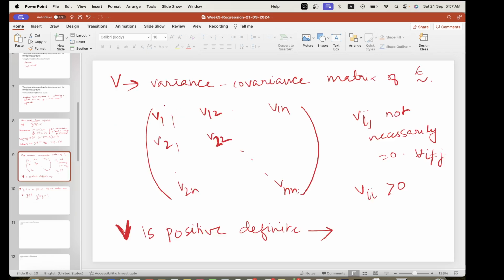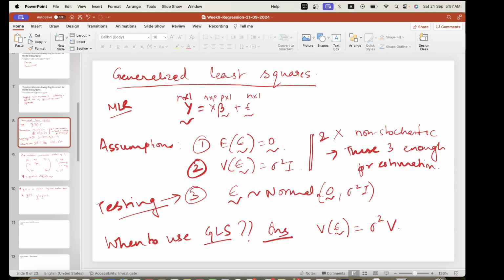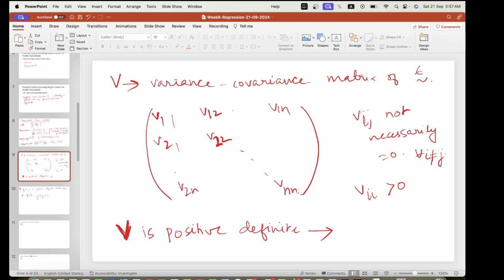Again, coming back, when do we use GLS? The answer is when there could exist some covariance between the error terms and the variance of each error is not equal.